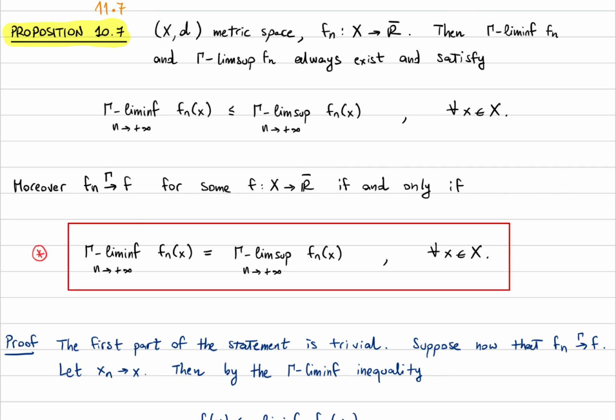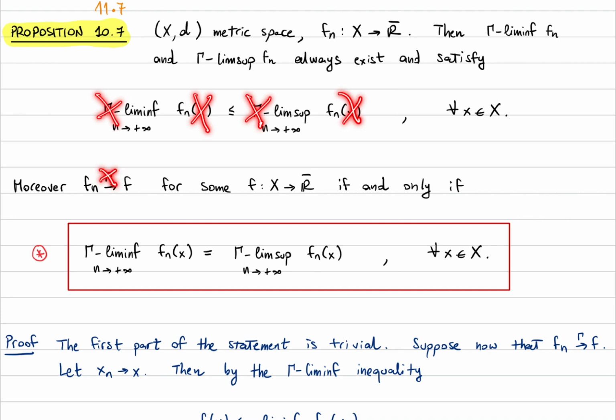Okay, so this next proposition, 11.7, is telling you that gamma lim-inf and gamma lim-sup behave exactly in the way they should. Imagine this proposition without the gamma, just with lim-inf and lim-sup of sequences of real numbers.